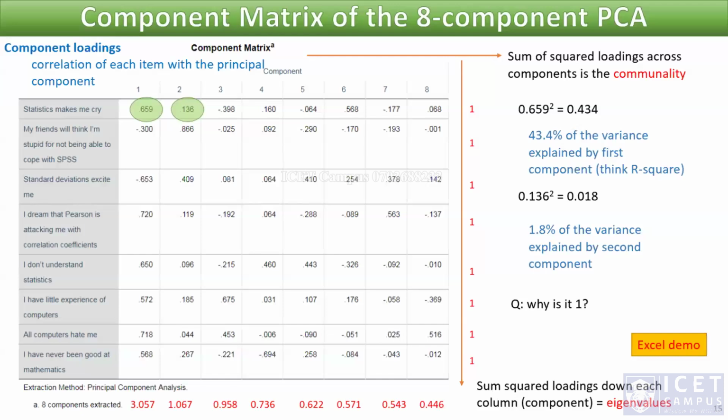Then the sum of the squared loadings down each column, for each component. So we call it eigenvalues. Then here the sum of the squares. So we need to add these squares, 8 components extracted, down each column. So then we can take this sum of the squared loadings.